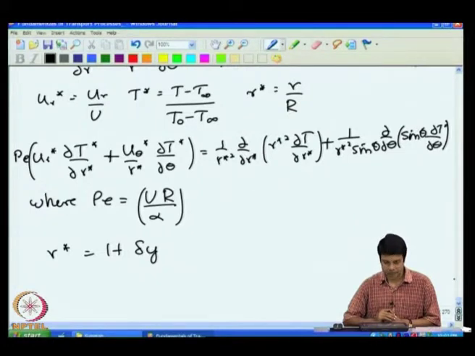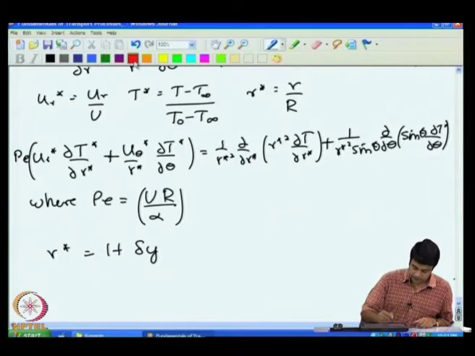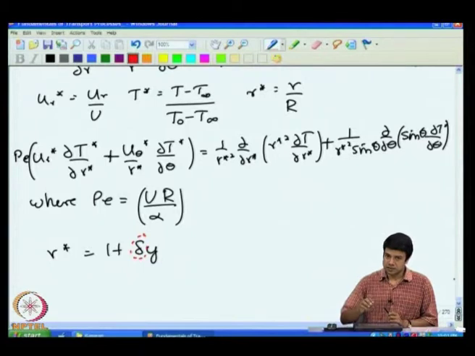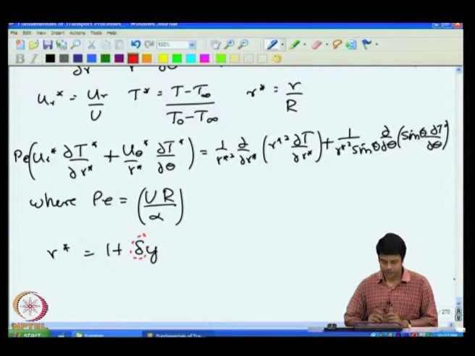In this region close to the surface, the assumption here is that y is order 1. In the limit as Peclet number goes to infinity, y continues to be a number that is order 1, whereas delta is the one that is varying with Peclet number. You would expect delta to become smaller and smaller as the Peclet number becomes larger and larger. So, the region over which diffusion takes place becomes smaller as the Peclet number becomes larger.